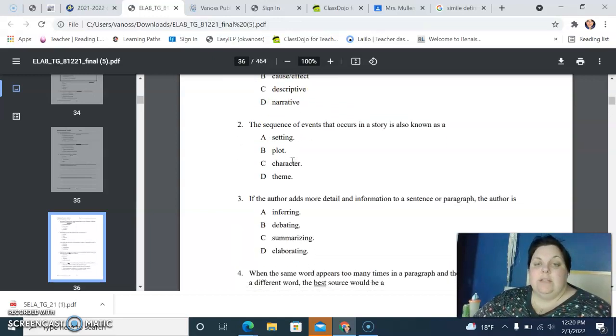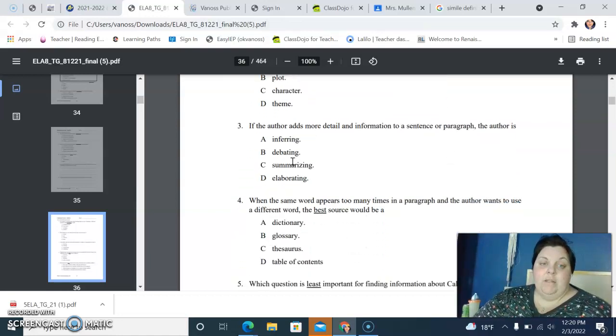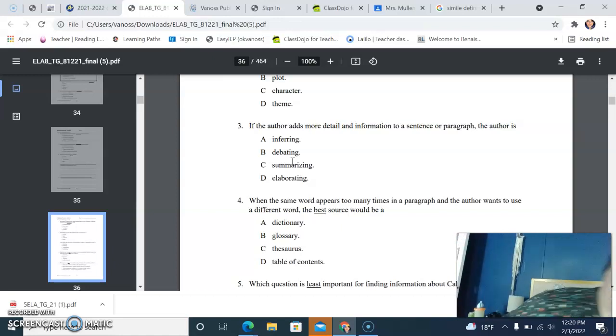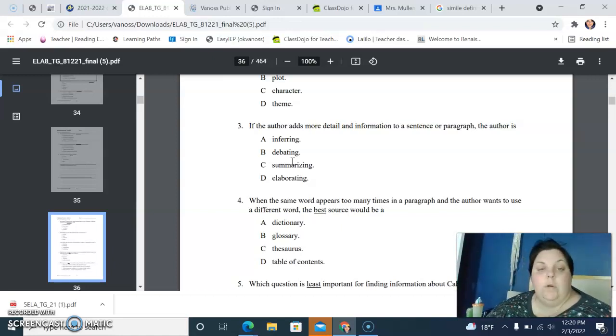2. The sequence of events that occurs in a story is also known as A, setting, B, plot, C, character, D, theme. 3. If the author adds more detail and information to a sentence or paragraph, the author is A, inferring, B, debating, C, summarizing, or D, elaborating. 4.